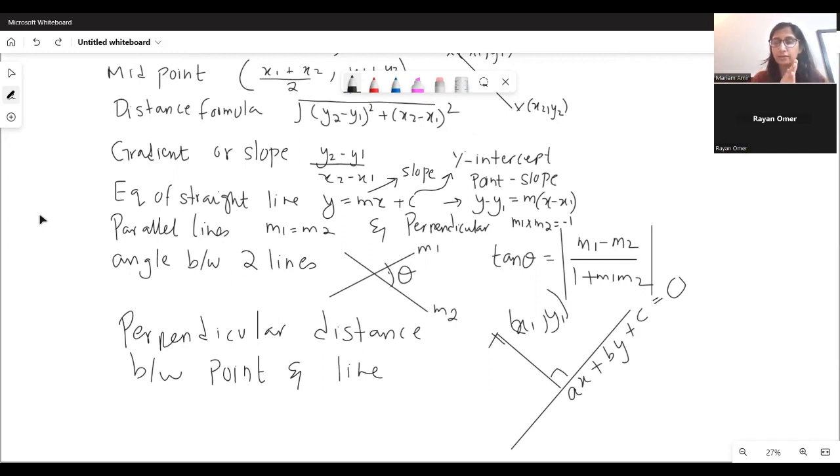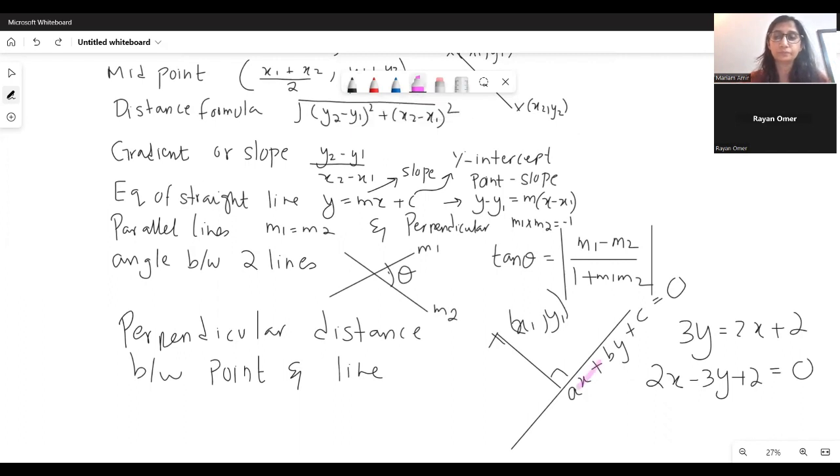You need to have the x term first, then the y term, then the constant term, equals 0. For example, if you have 3y equals 2x plus 2, you'll have to write 2x minus 3y plus 2 equals 0 to bring it in this form. All right, Miss.